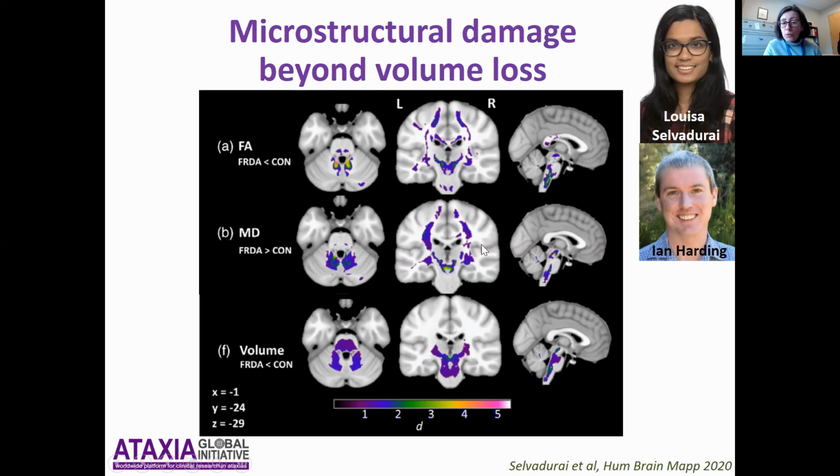So you see both of those and other diffusivity metrics change also in the cerebrum. And these are changes that are independent from each other, showing you that this kind of diffusion information can provide a lot of added information over and above volume loss.